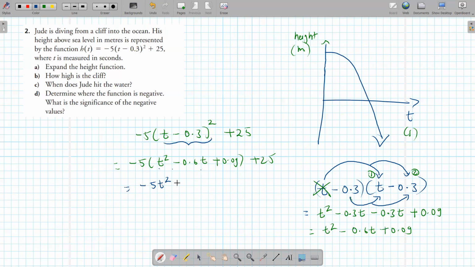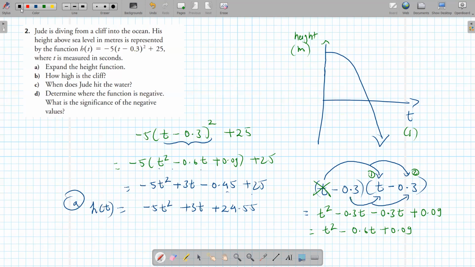What's the next term? 3t. Positive, because we're multiplying -5 with negative numbers. That's going to become positive. And then the last one is going to be -0.45 plus 25. And these two are like terms, nothing else is like terms. So we get something like this. Plus 24.55, and there we go. That's the answer to part A. When you expand that function h of t, you'll get this, okay? So that's the answer to A.